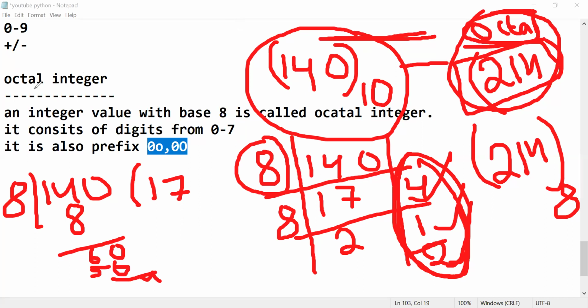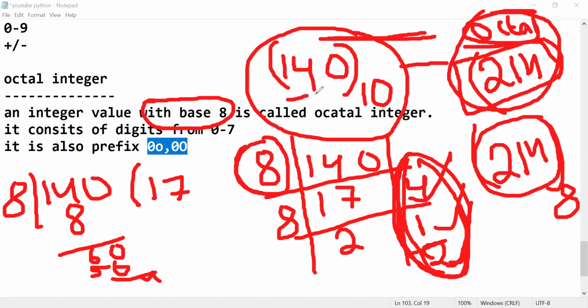Because the octal integer base value is 8, guys. That is the reason why you have to divide by 8. After dividing, you will get remainders. All these remainders, if you write in reverse order, are the octal value for the decimal integer. This is the process, guys, to convert a decimal integer into an octal integer.